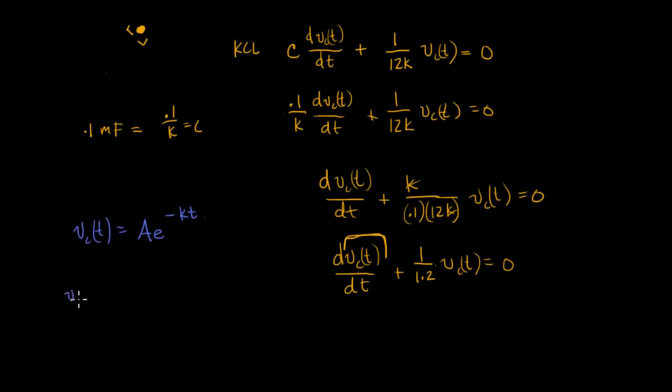So Vc of t equals 4.5 e to the negative t over 1.2, where k is that constant we got in front of our term here. And that's the solution to that problem.